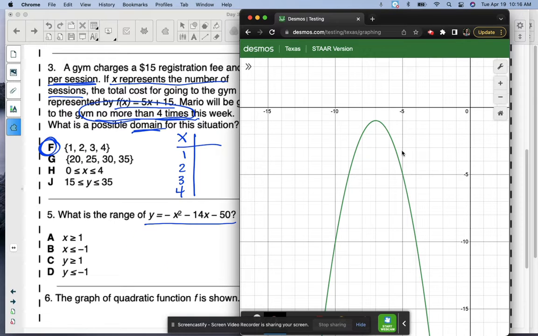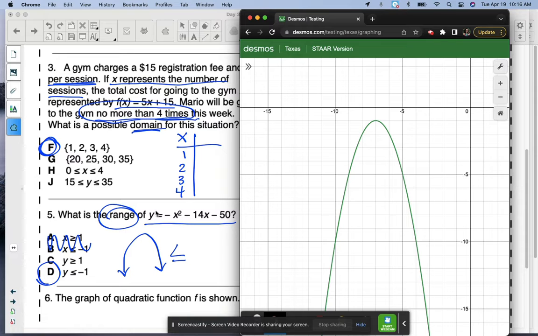So it looks like this. So again, range is y. We can get rid of A and B. And then, since it opens downward, it's going to be less than or equal to. Because again, down is less than or equal to.